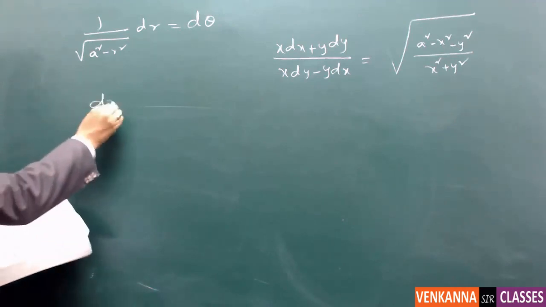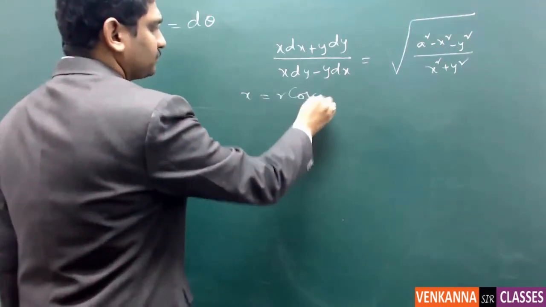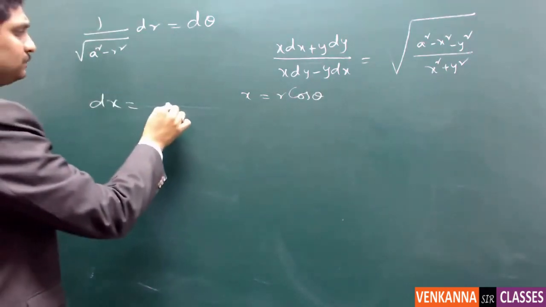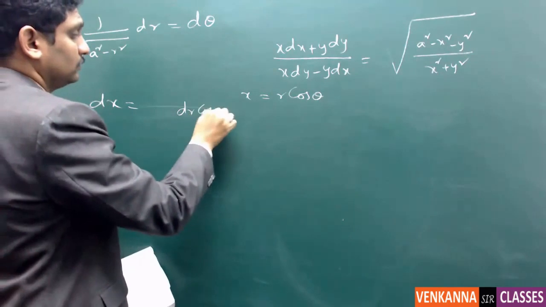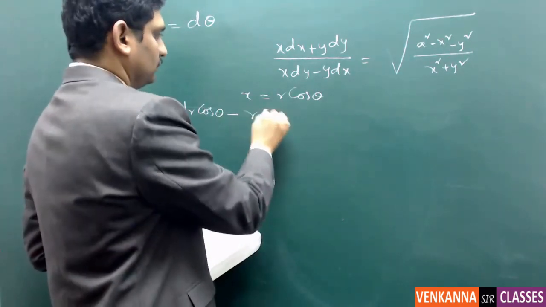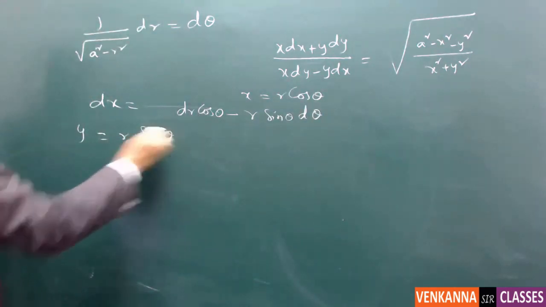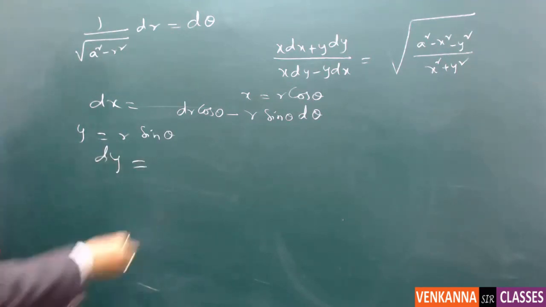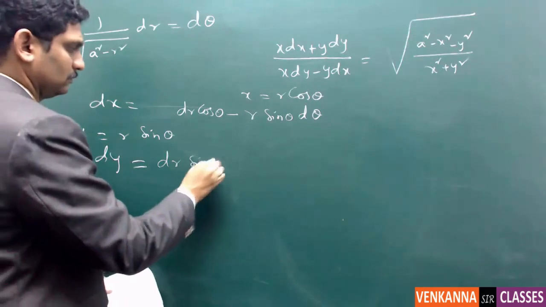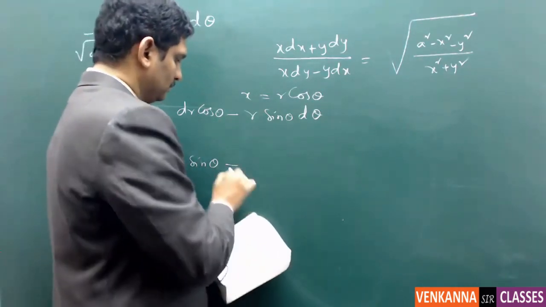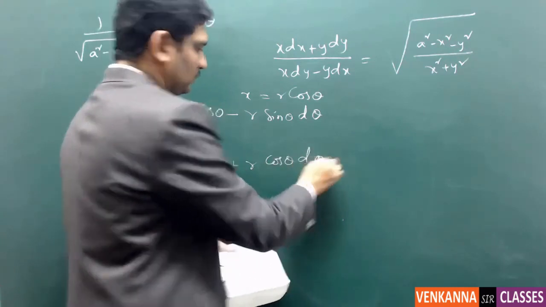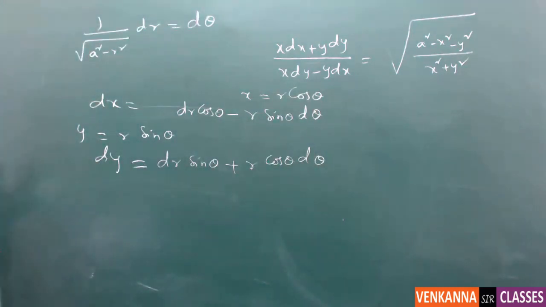Since x is equal to r cos theta, for dx we write it as, and since y is equal to r sin theta, dy is equal to, so that you are going to substitute the things. Okay, please substitute that.